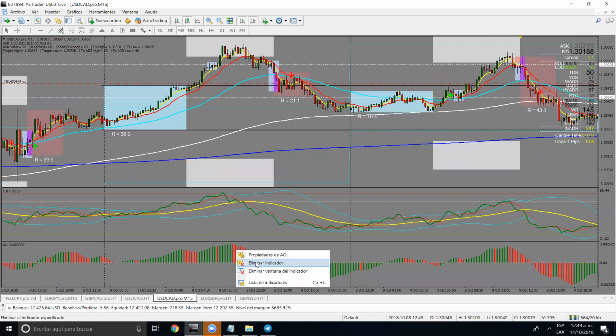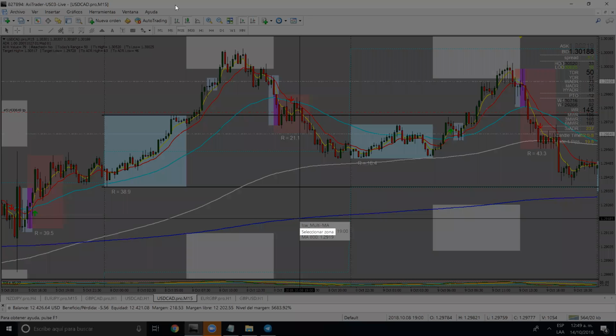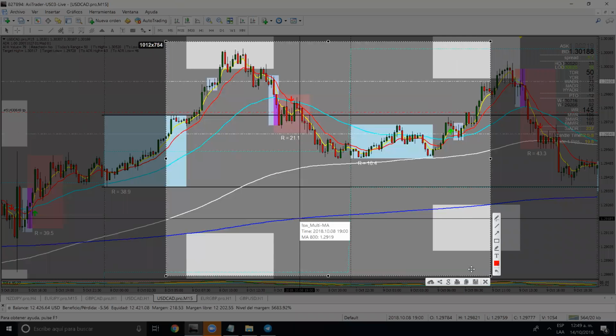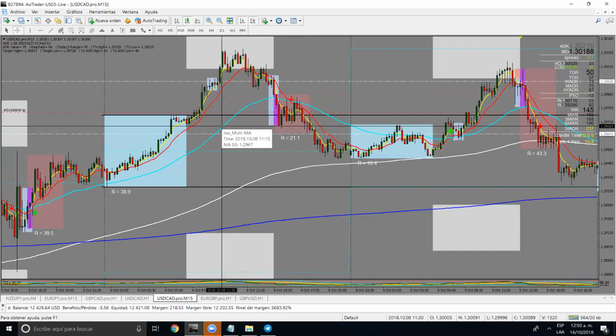Usually we have different EMAs, moving averages, 600, okay, 800, sorry. This blueberry EMA, we have the white EMA, or mayo, from 200 periods. We have 50 periods, or water.